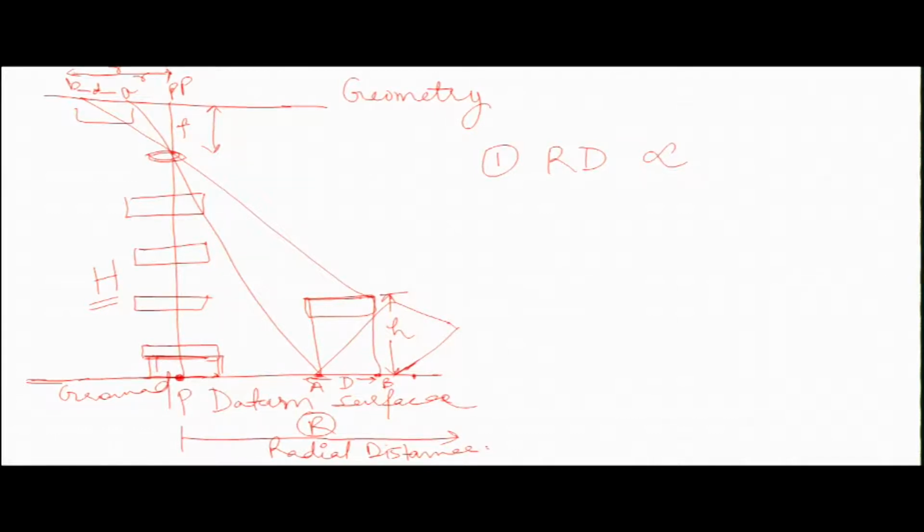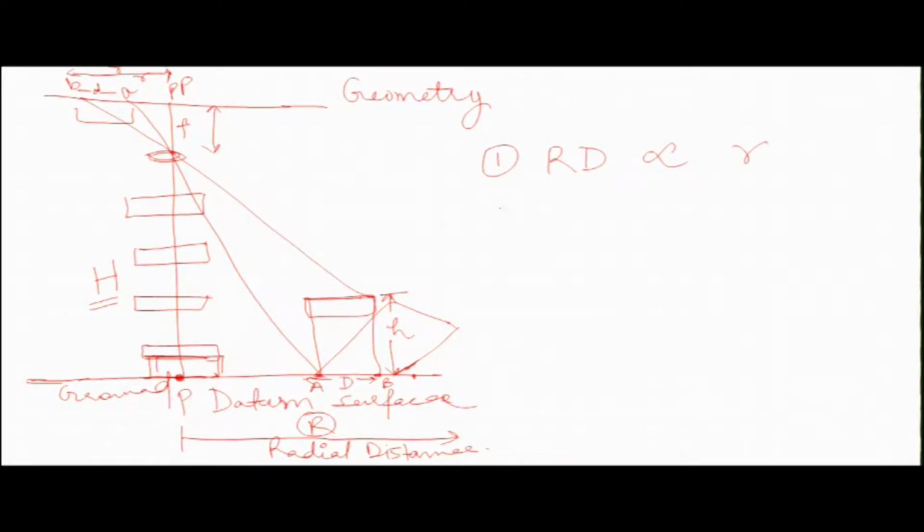So relief displacement is directly proportional to the radial distance r between the displaced image and the principal point. So here this is directly proportional to your r. Because we are talking in terms of the photograph, we are taking here small r.